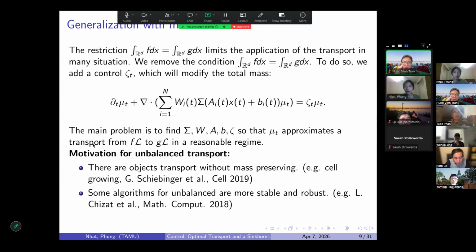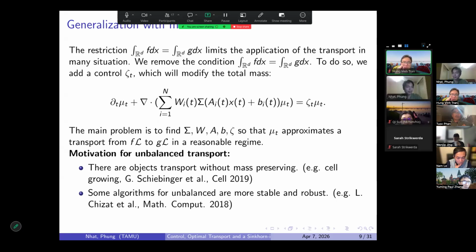Now, why we want to remove this is, of course, that for a lot of objects, when they are transformed, the mass is not preserved. For example, when we look at the paper on cells from 2019, the cell is growing, and over time when the cell grows, you don't want it to stay exactly the same mass.